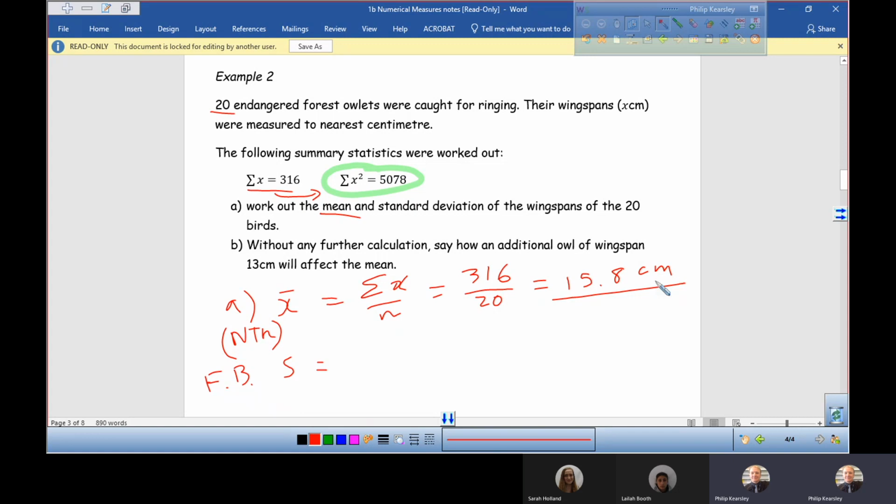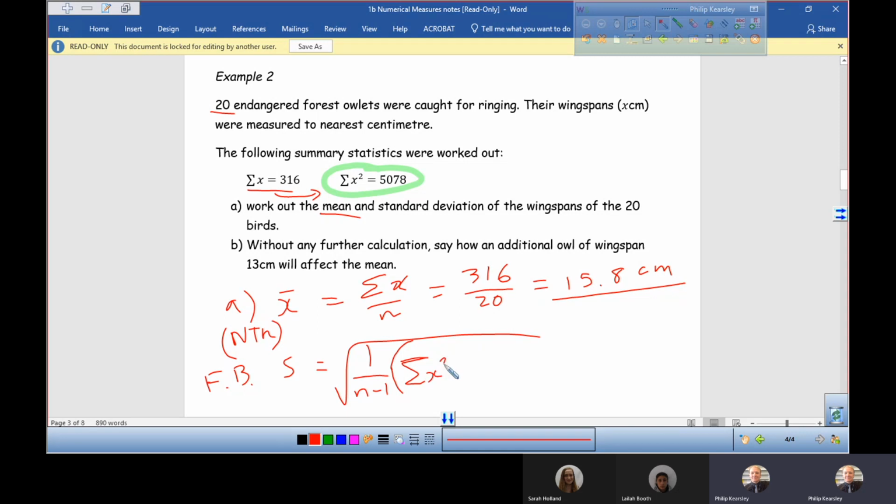Standard deviation. Now, look at the formulas above on our previous page. We don't need to remember it, it's in the formula book. And the one we're going to use is the one which involves sigma x squared. It also involves sigma x as well. Both involve 1 over square root n minus 1. This one has a big bracket, so it's a little bit more complicated to work out because we've got to sub in 2 summary statistics.